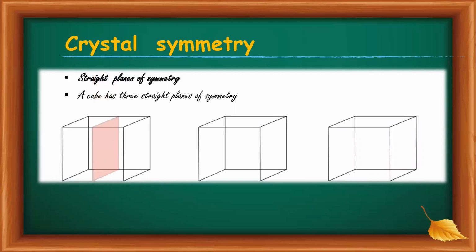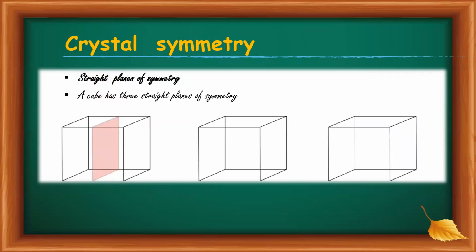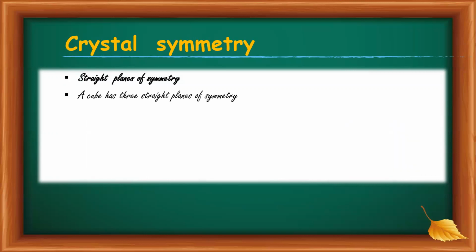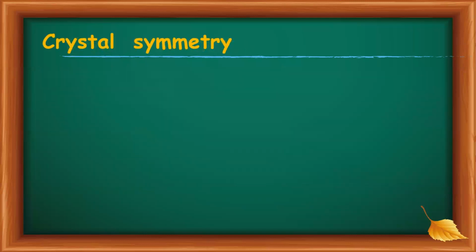One is parallel to X, one parallel to Y and one parallel to Z. And there are six diagonal planes of symmetry.